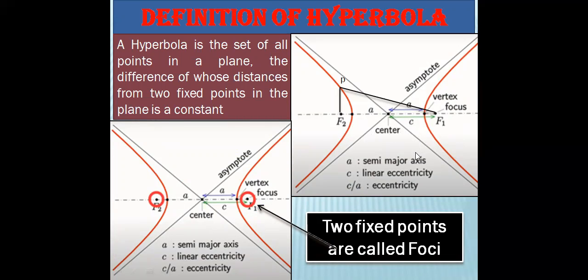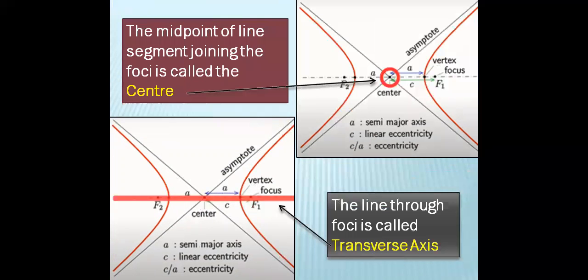So what is the definition of a hyperbola? A hyperbola is the collection of all the points for which the difference of the distances from the two fixed points always remains constant. The two fixed points are called the foci of the hyperbola, and the midpoint of the line segment joining the foci is called the center of the hyperbola. A line which passes through the foci is called the transverse axis.